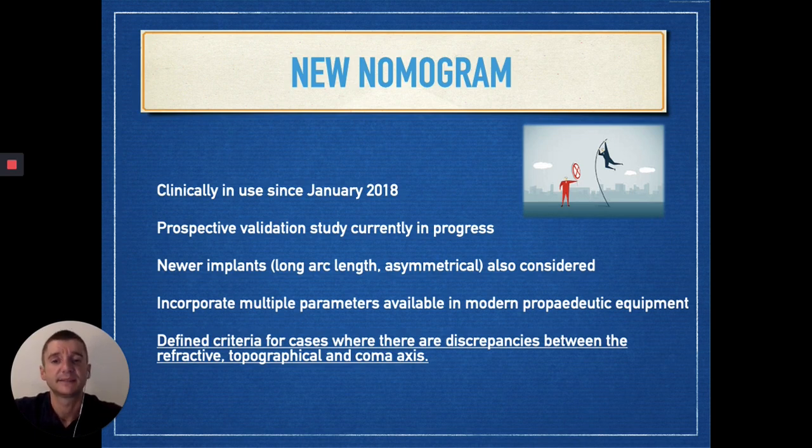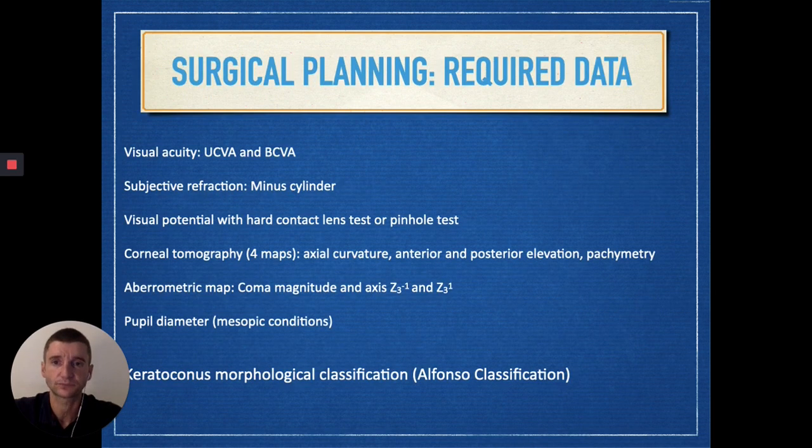Newer implants, like long arc length and the asymmetrical segments, are also considered in this nomogram. And it incorporates multiple parameters available in modern propedeutic equipment. And it does have a defined criteria for cases where there are discrepancies between the refractive, topo, and coma axis.